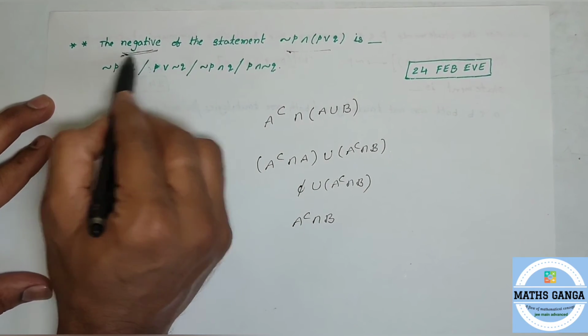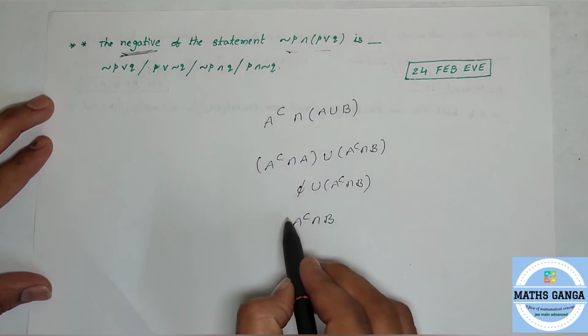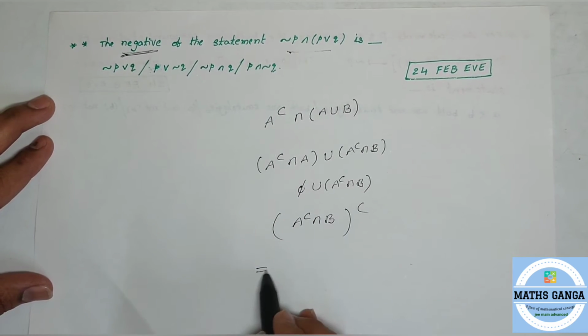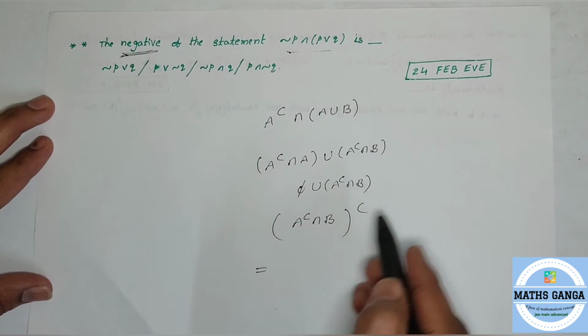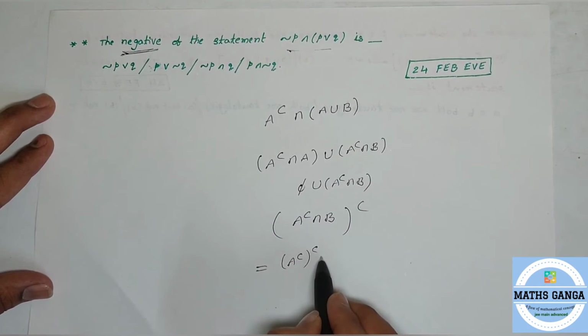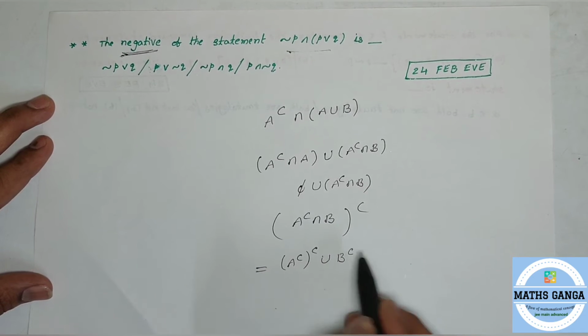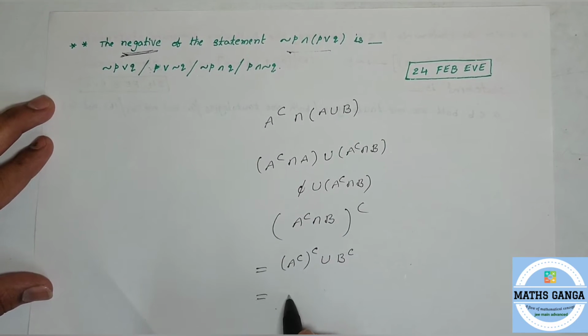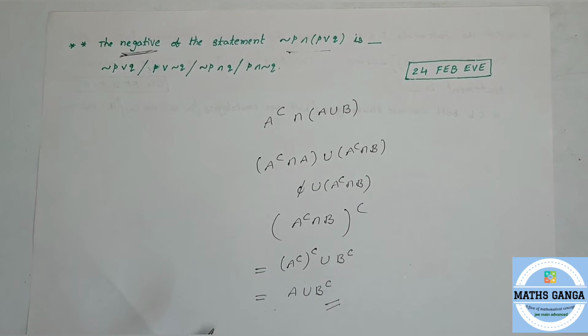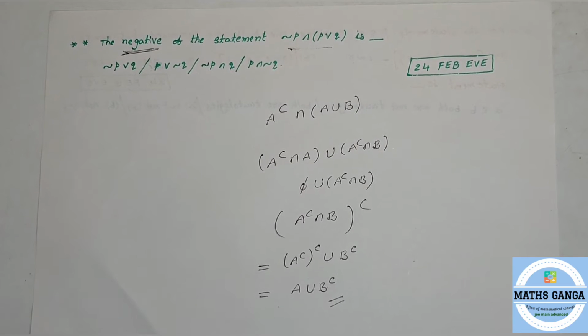Our target is to find the negative of this statement. So that means complement of this, A complement intersection B, at the end. A complement intersection B whole complement is simply nothing but what? A complement complement union B complement, and A complement complement is A. At the end, our answer for the problem is A union B complement.